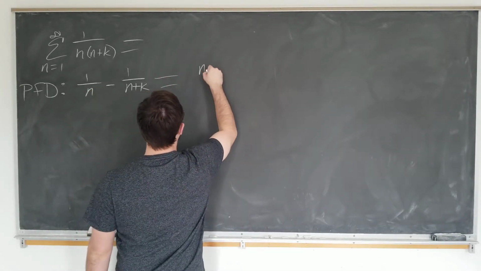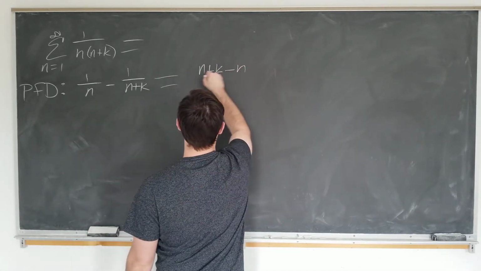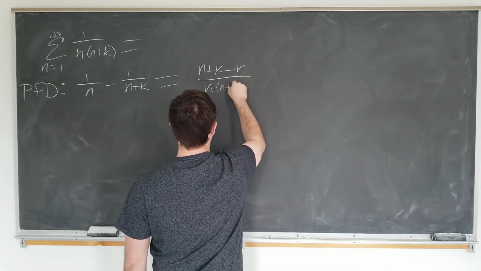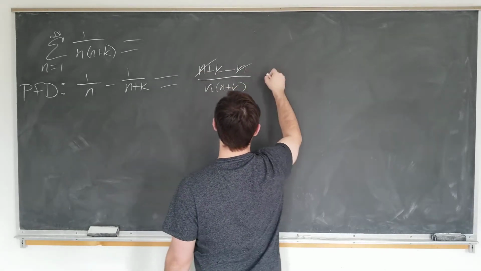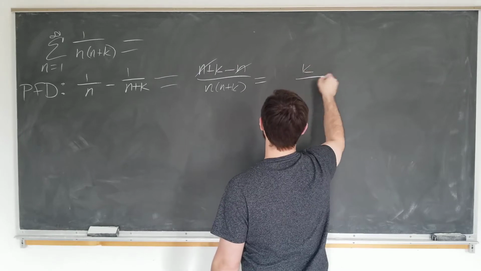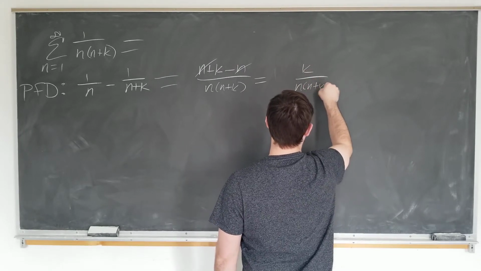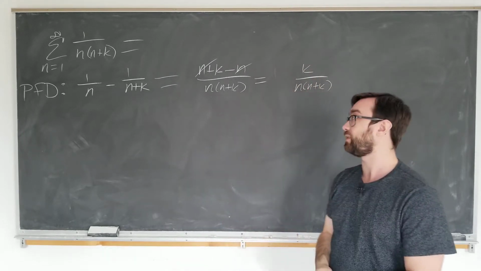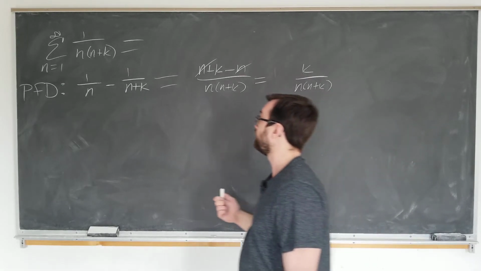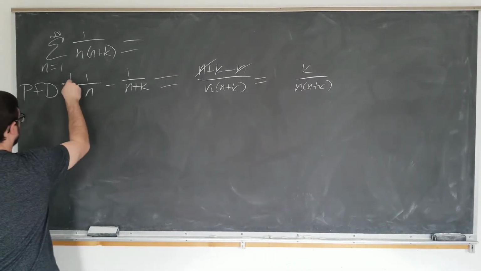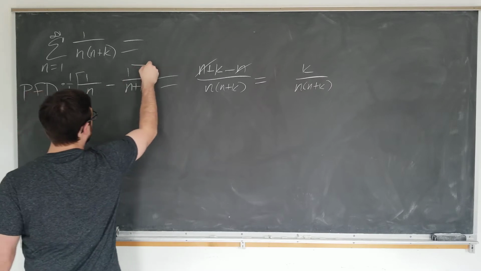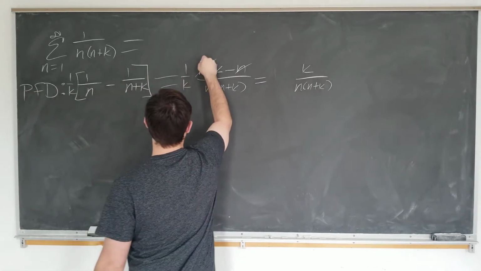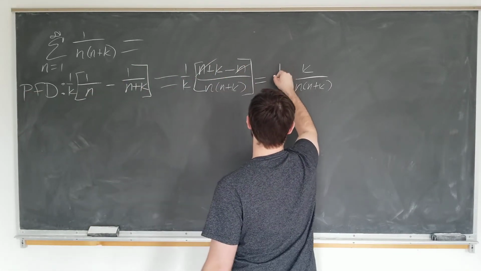So we have n plus k minus n over n plus k. These cancel, so it's just k over n plus k. And if we wanted to get all this k out of there, just feel free to divide by k. No problem. Because we can.